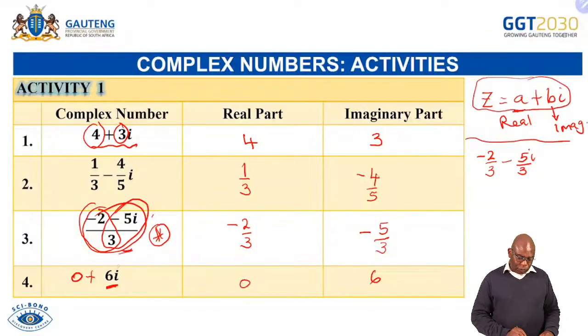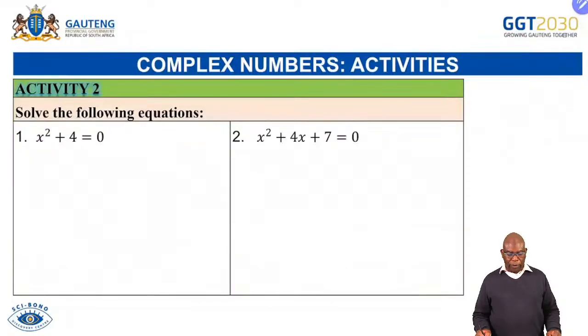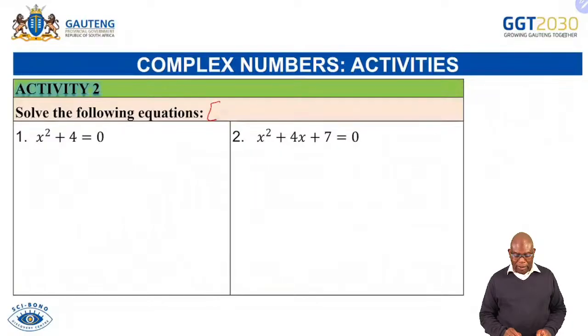Okay, sometimes you can be given something like this and then they need the argument. So you must be able to get the argument or the modulus. Right. Now, this question, you might get it in question 1, whereby they say solve the following equation, write your answers as complex roots.